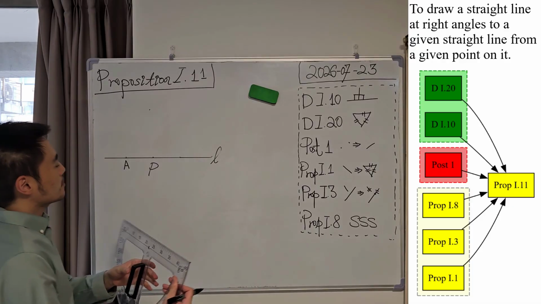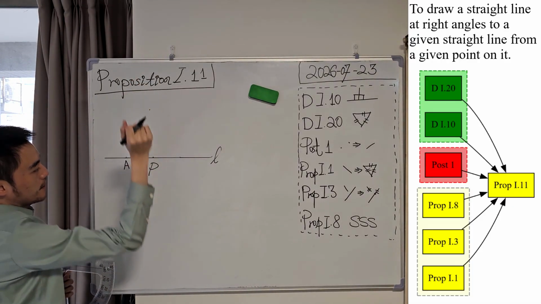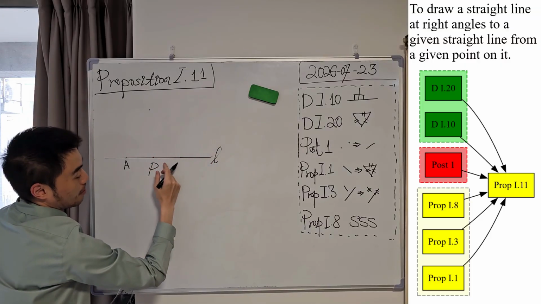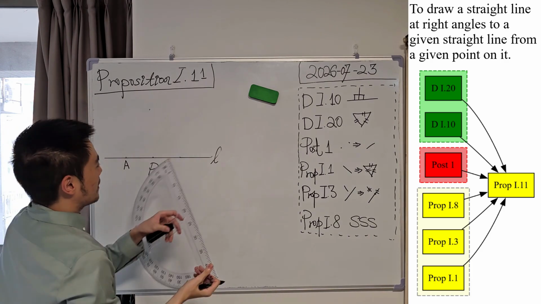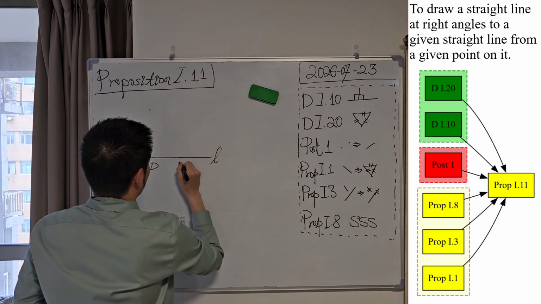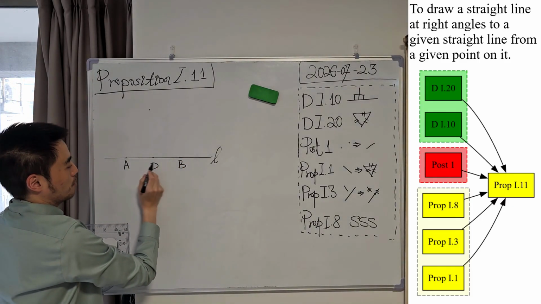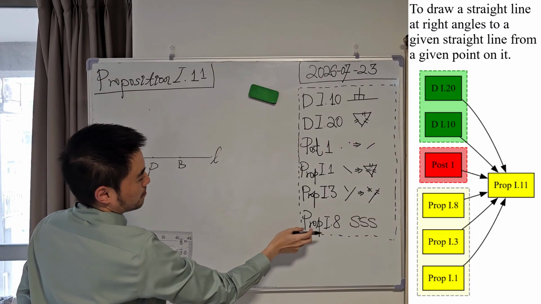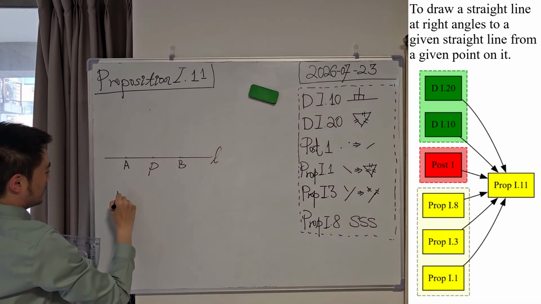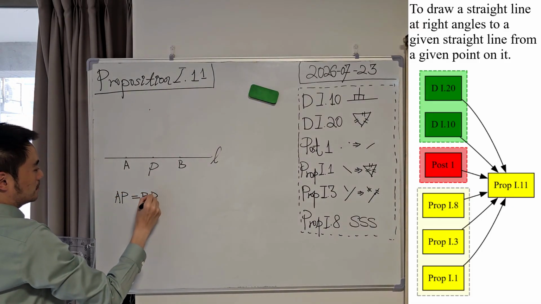So let's assume AP is the shorter one, and L on the other side from P is the longer one. We can cut off a straight line, let's assume PB, such that PB is equal to PA because of proposition 3. So we have AP is equal to BP.